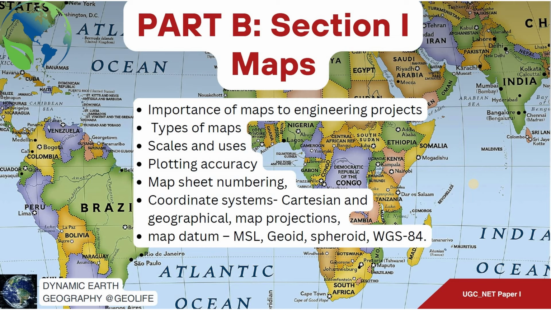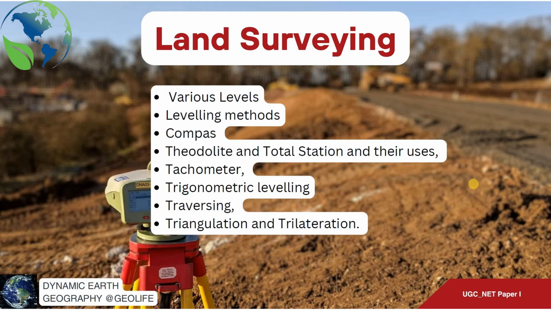Inside maps, we have importance of maps to engineering projects, types of maps, scales and uses of maps, plotting accuracies, map sheet numbering, that is topo sheet numbering, coordinate systems, Cartesian and geographical map projection systems, then map datums like MSL, geoid, spheroid, and the WGS 1984 map datum will also be there in section 1 maps.